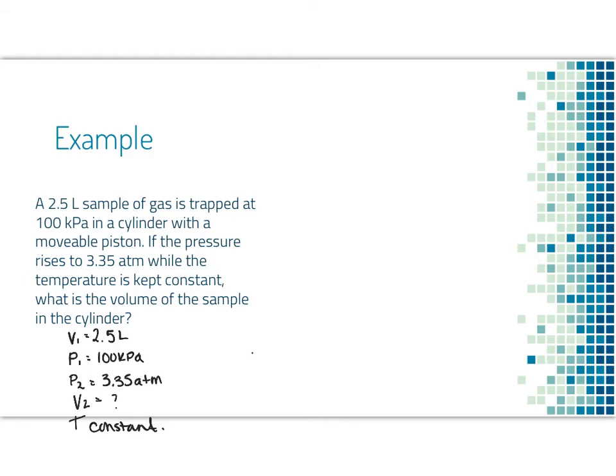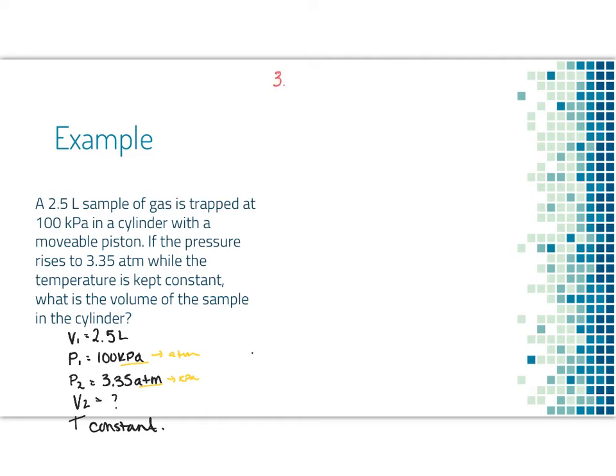If you noticed, we have units of kilopascals and atmospheres. We need to convert one of these to the other unit. So it doesn't matter which way you convert. You can convert kilopascals to atmospheres, or you can convert atmospheres to kPa, or you could convert them both to millimeters of mercury. It really doesn't matter. I am going to convert atmospheres to kilopascals before we get started.